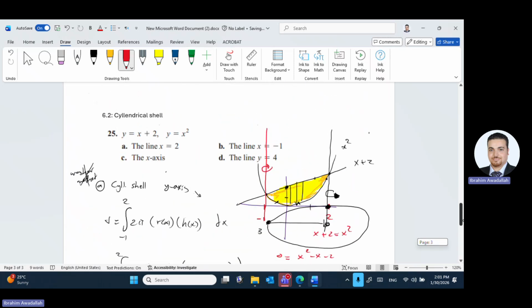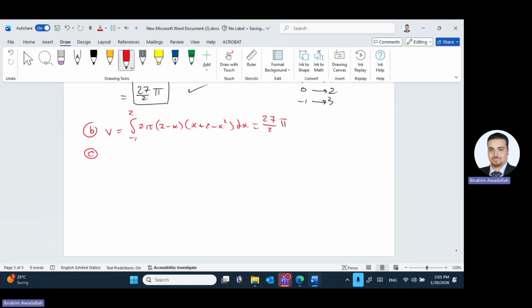C, about the x-axis. X-axis, that means I have something like this, and -1 and 2, revolving about the x-axis. It means washer method.